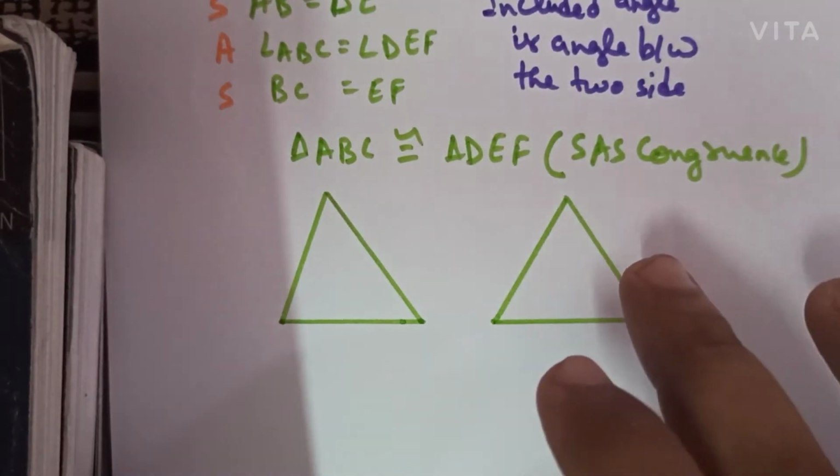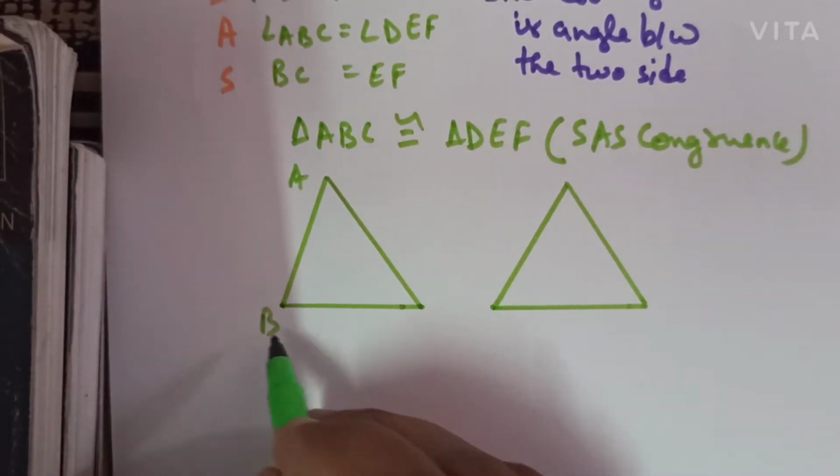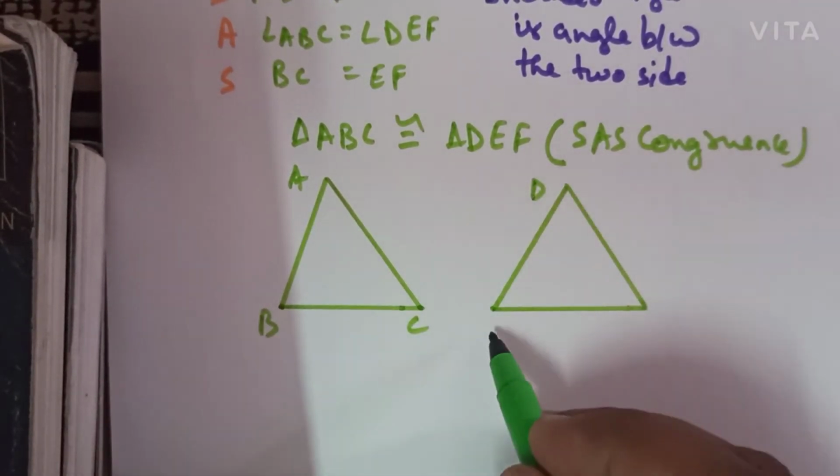Now let us consider the same triangles, triangle ABC and triangle DEF.